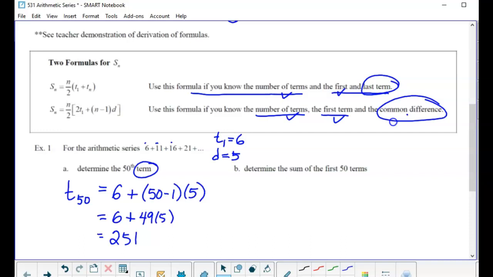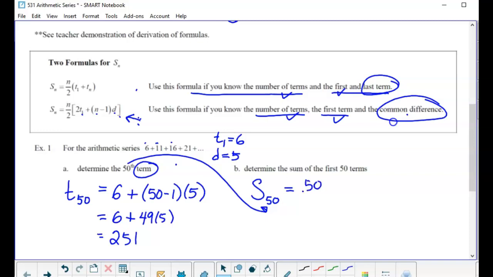Then determine the sum of the first 50 terms. So now S50, okay, choice of which ones. So in this case, if we hadn't done part A, I would have used S50, the second one, because I know my common difference, I know the number, I know my first term, okay? But because I already found the 50th term and I'm looking for S50, I'm going to use the first version.